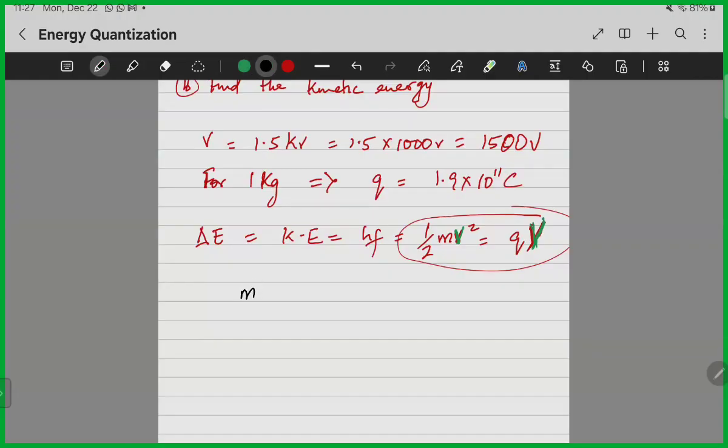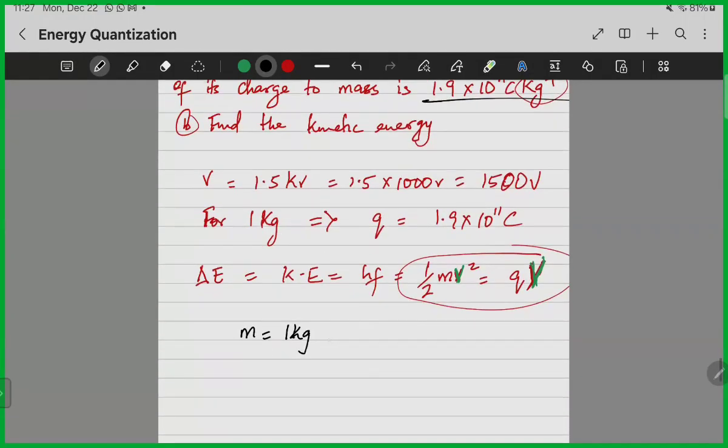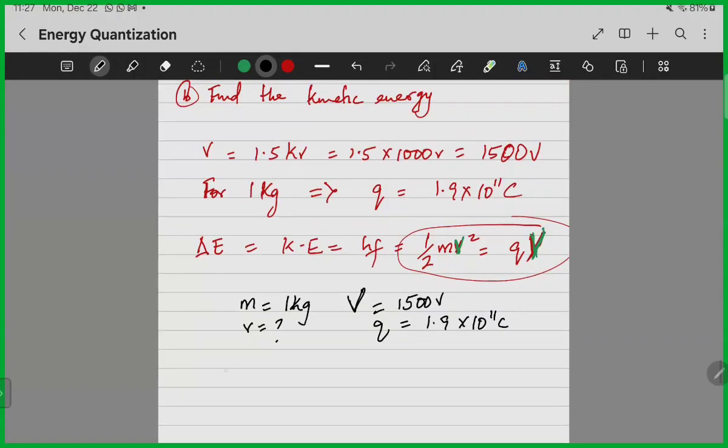The mass we are considering here is 1 kg because that's what they gave us by using the scope of per kg. So we know that velocity, we're looking for that. We already have our PD as 1500 V. We know our charge to be 1.9 times 10 raised by 11 coulomb. So now let's do half times 1 times v squared equal to 1.9 times 10 raised by 11 times 1500.